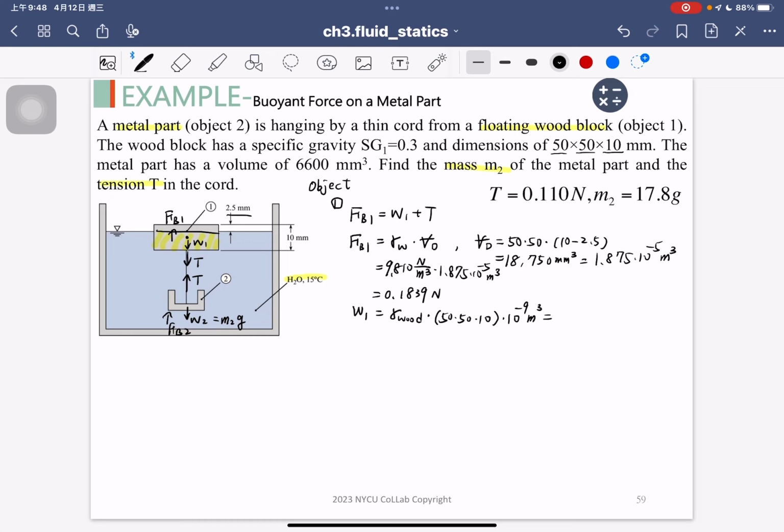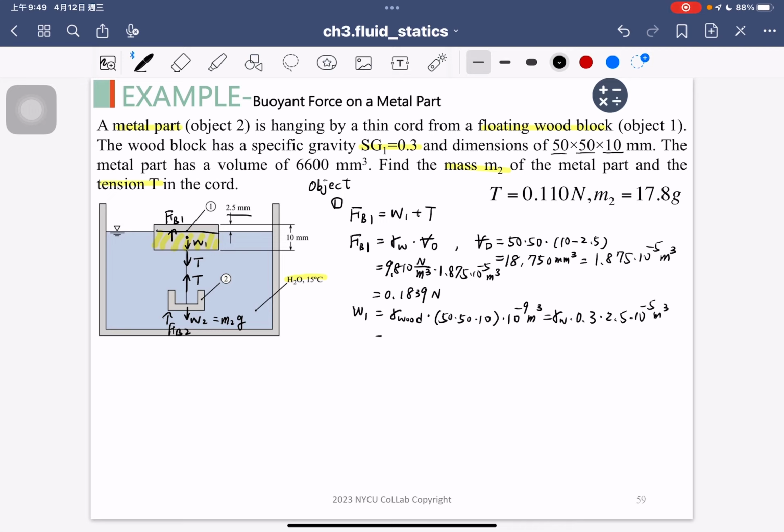So what is the gamma wood? Because we have the specific gravity of 0.3, here is the gamma W multiplied by the 0.3 specific gravity value, and the volume I computed by calculator, which is 2.5 times 10 to the minus 5 cubic meters.